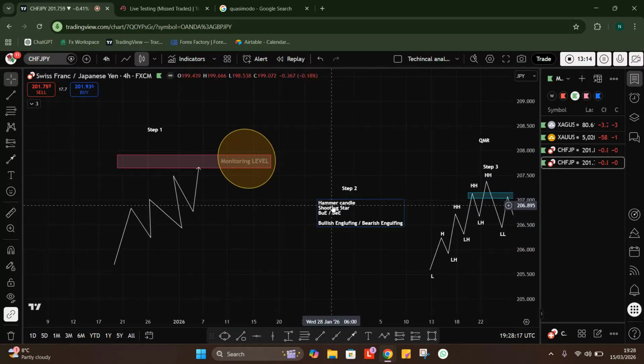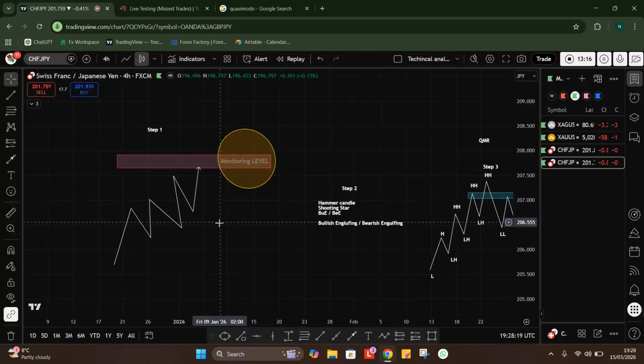So step two is simply a bearish or bullish engulfing, like the one I showed you, because that confirms that the bigger players, I'm not going to call them banks, are selling. The guys with more money than me and you actually entered the market, they like this level, and they're selling. When they're selling to the point that they break the previous lower high, that means they're taking buyers out of this market.